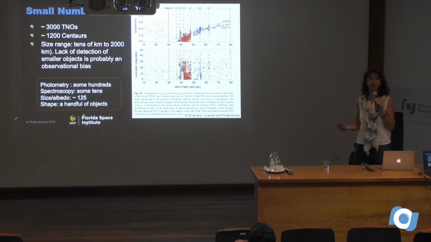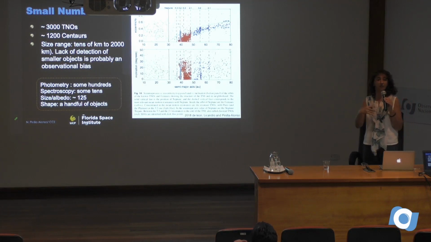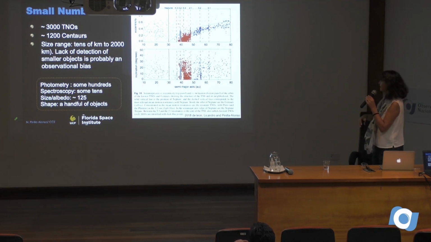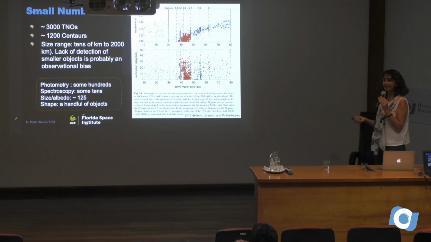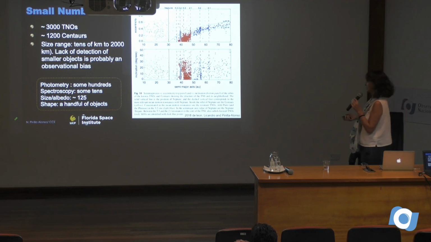We talked before about how important it is to make connections between where objects formed and where they are. There are different dynamical populations in the TNOs, and some of them are going to be very diagnostic to validate the models for the formation of the solar system.